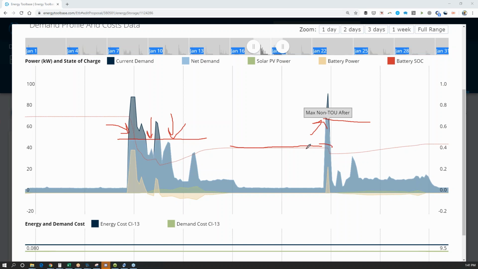And so whether or not this load came on too fast or it was reserving some capacity, that is where we say, okay, well, is it possible for us to lower the demand for that day?